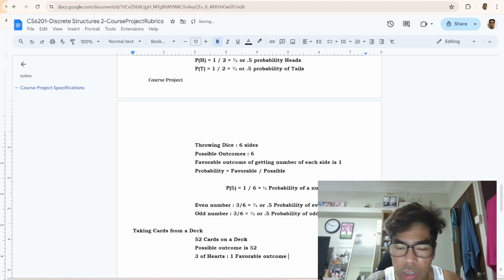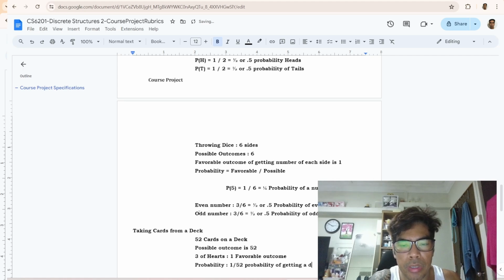So our probability for getting a three of hearts will be 1 out of 52 cards in the deck.